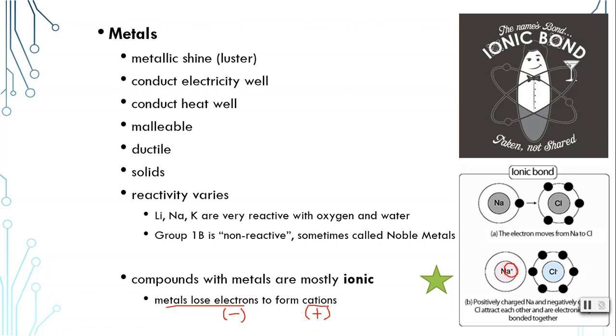So that's a term that you should know as well. Cations are positively charged species that are metals. So metals, they form ionic bonds, and in ionic bonds, electrons are taken, not shared. Specifically, the electron is taken from the metal and given to the nonmetal.